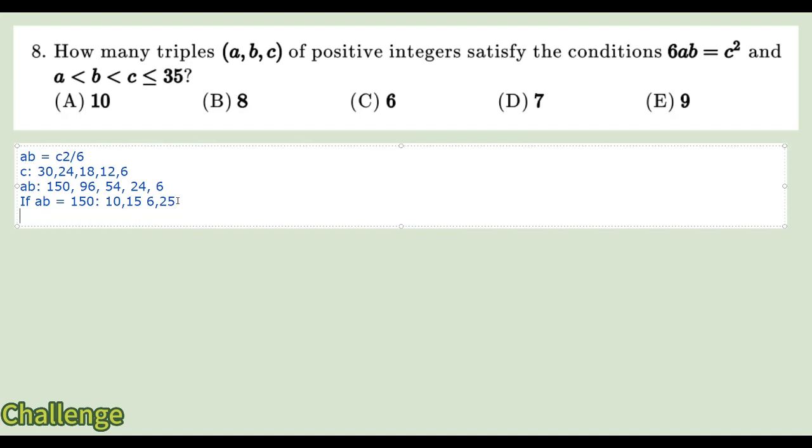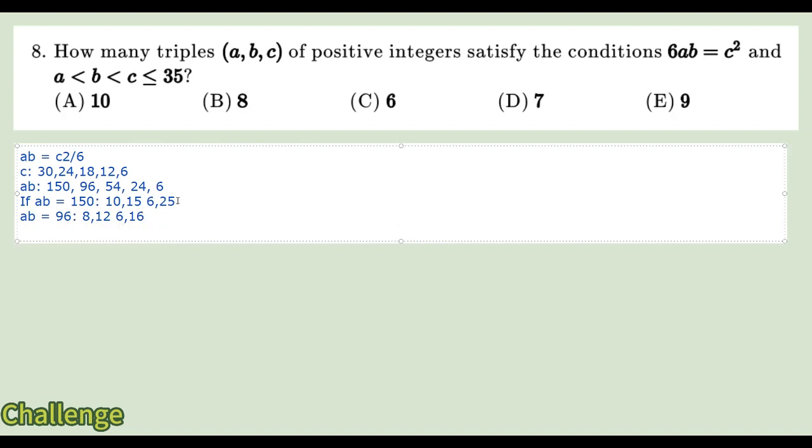And then if we go down, we have AB is equal to 96. And we have 12 and 8, 6 and 16. And those are all the values. Yeah. And then if we have AB is equal to 54, I think. Yeah. If it's 54, then we get 9 and 6.